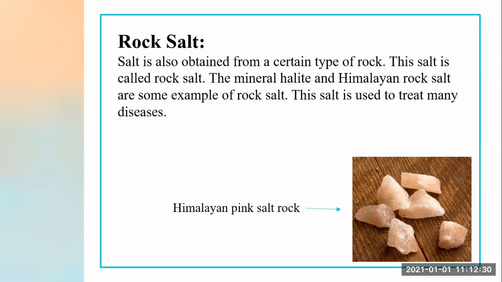Now see, salt is also obtained from certain types of rock. These salts are called rock salts. Whatever salts we obtain from rocks are termed as rock salts. The mineral halite and Himalayan rock salt are some examples of rock salt.